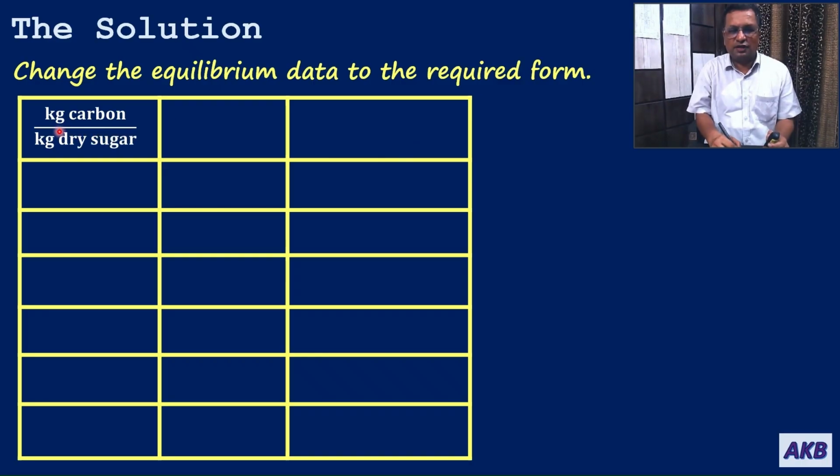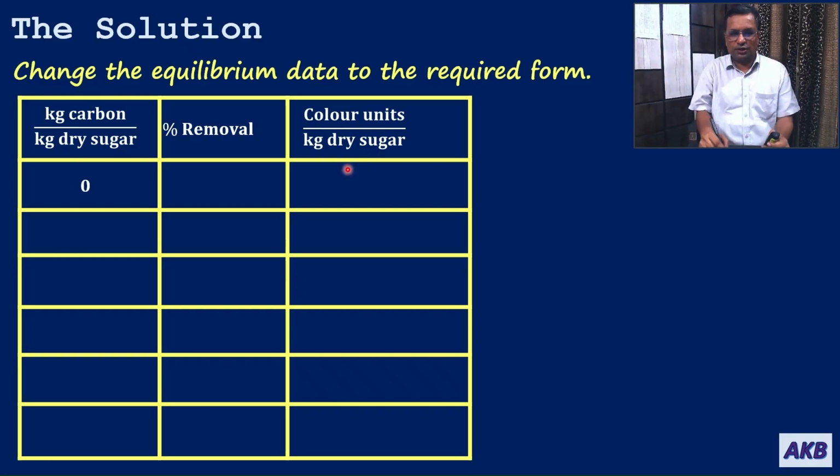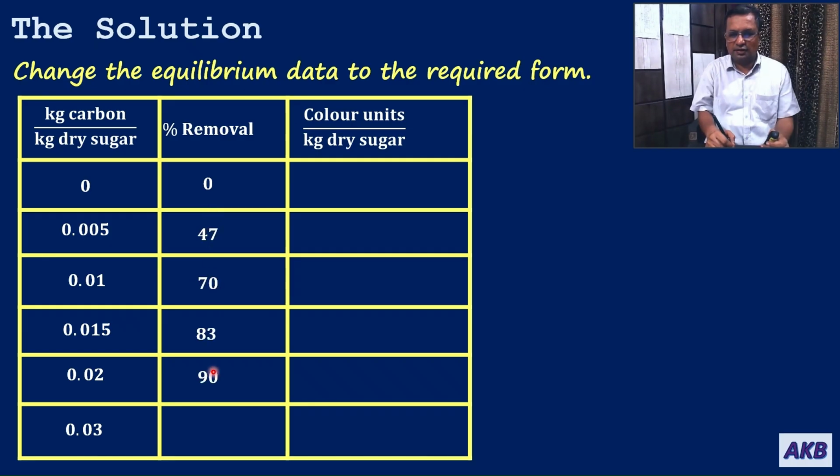So we have different values for kg carbon per kg dry sugar, and then we have values for percentage removal of the color, and then we are going to get values for color units per kg dry sugar. So first I will enter all the values that are given to us. These values are given to us.